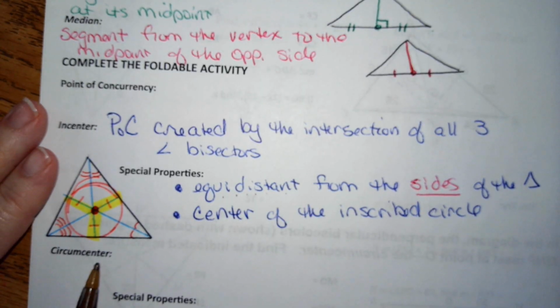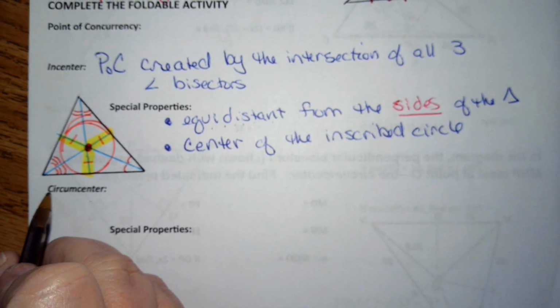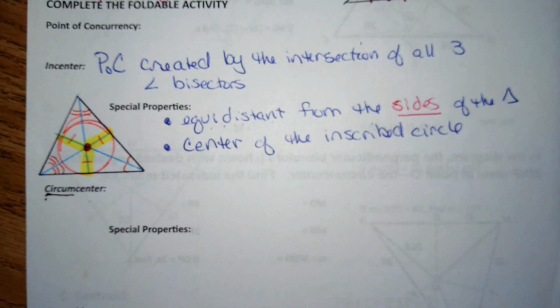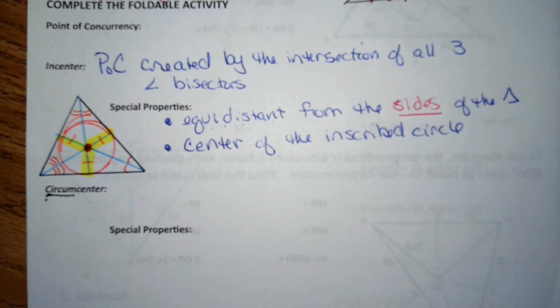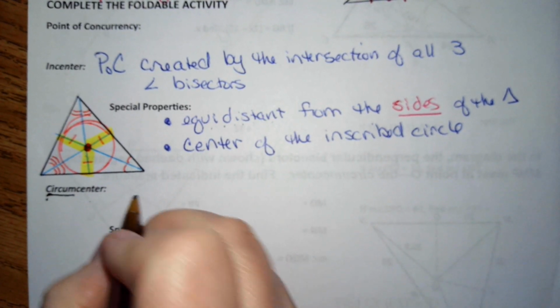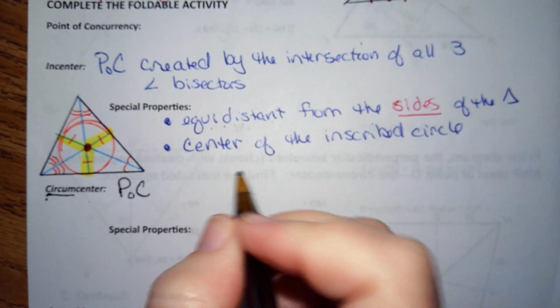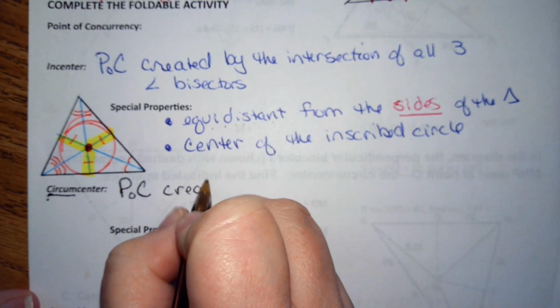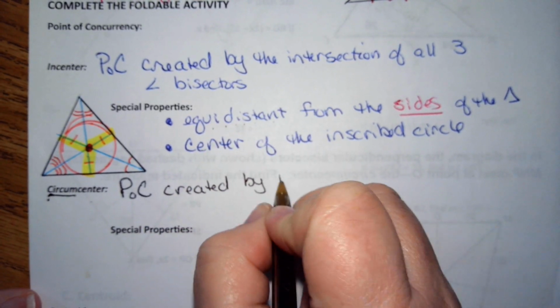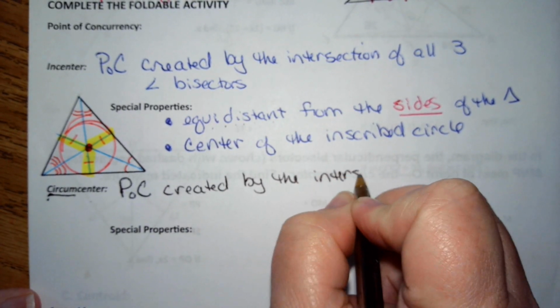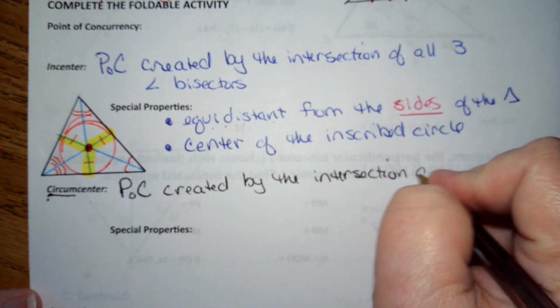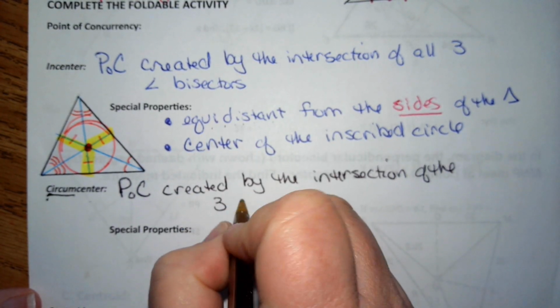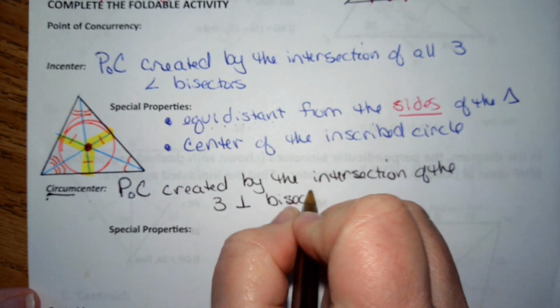All right. A circumcenter. The prefix circum, like circumnavigate. If you circumnavigate the earth, what are you doing? You go around the earth, right? So circum means around. So keep that in mind. A circumcenter is a point of concurrency, a POC, created by the intersection of the three perpendicular bisectors.